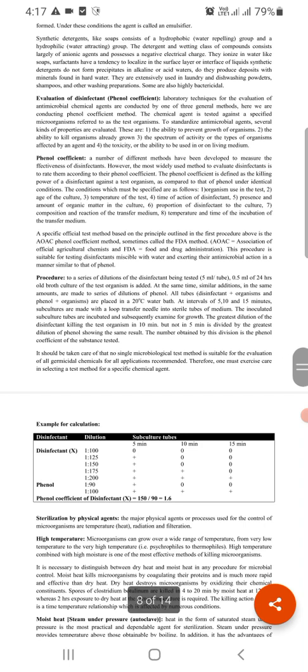These four characteristics are evaluated for the evaluation of a chemical as a disinfectant.